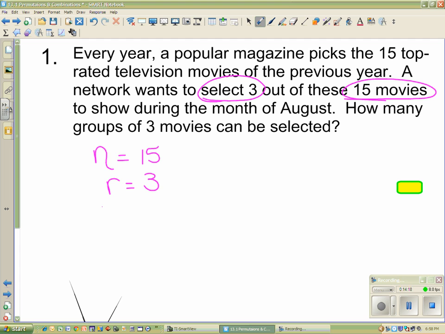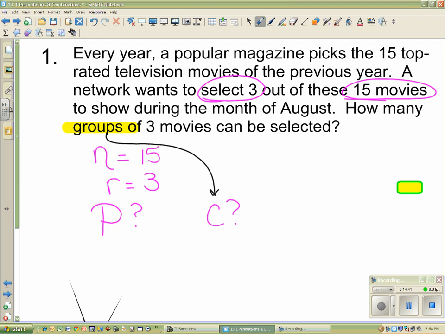Now, the biggest question is: is this a permutation or a combination? I can decide that based on this very, very important word, groups. Highlight it if you've got a highlighter. Groups lead us to combinations.